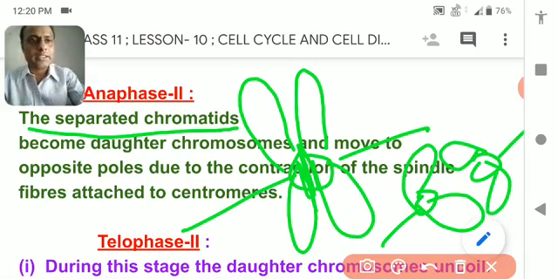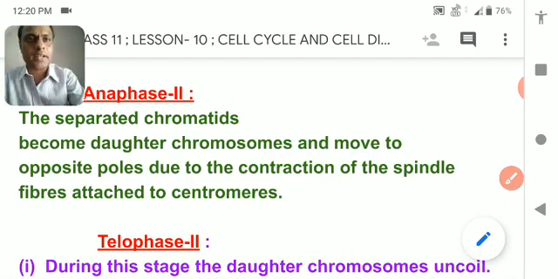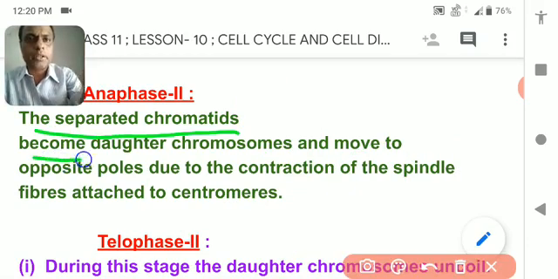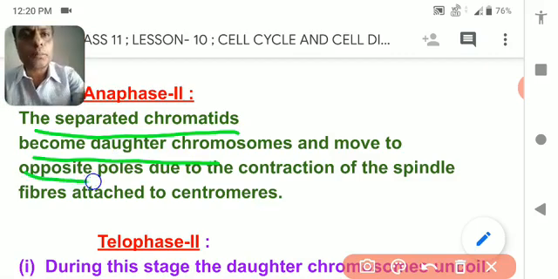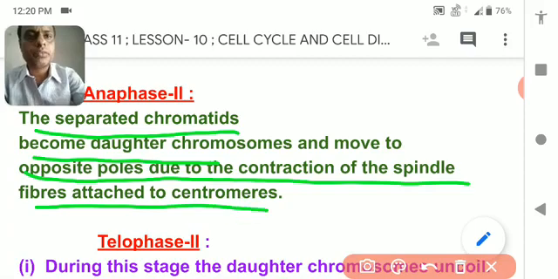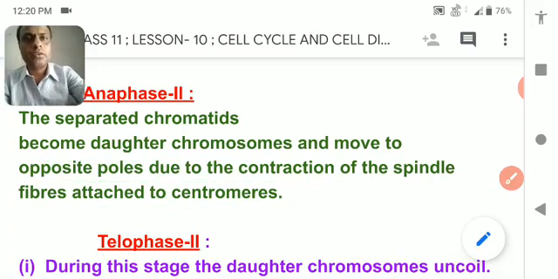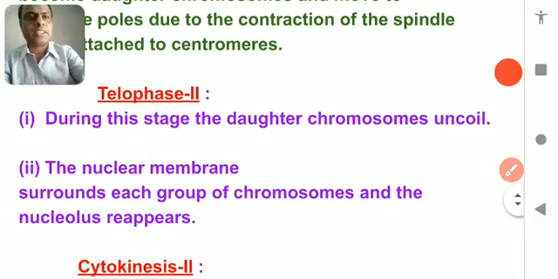So the separated chromatids become daughter chromosomes and move to the opposite pole due to the contraction of spindle fiber attached to the centromere. Later on, what happens during telophase stage?